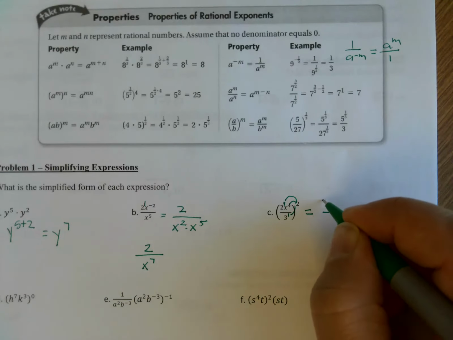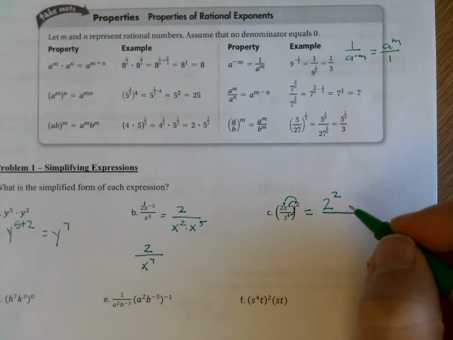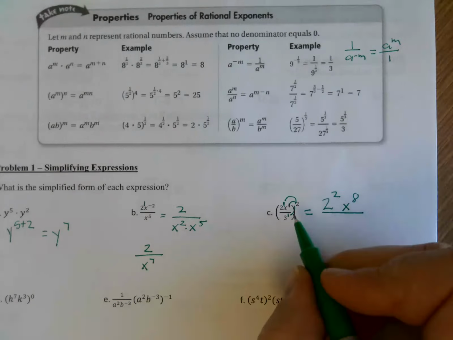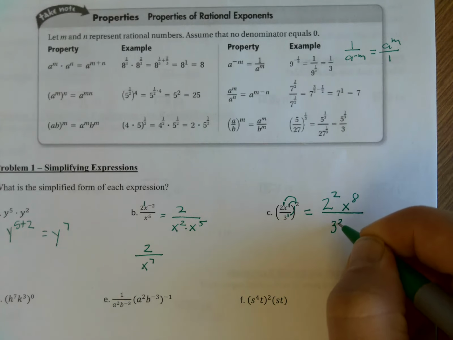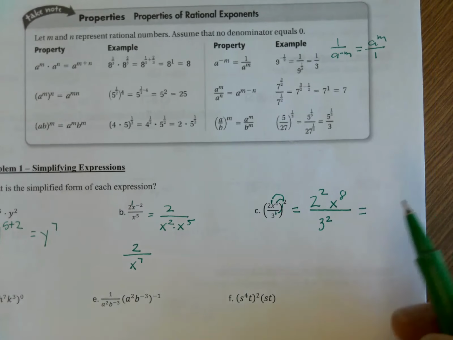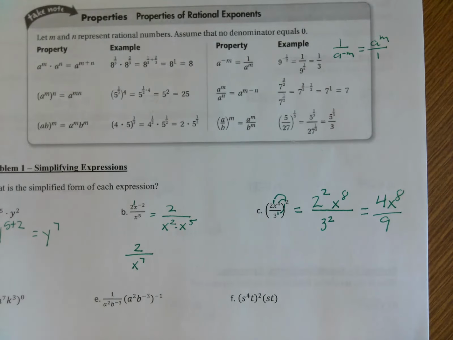So this becomes 2 squared, because 1 times 2 is 2. This becomes x to the 8th. 4 times 2 is 8. And 3 squared. Now, if you can, and in this case it's easier to simplify, you should simplify those numbers. So this becomes 4x to the 8th over 9.